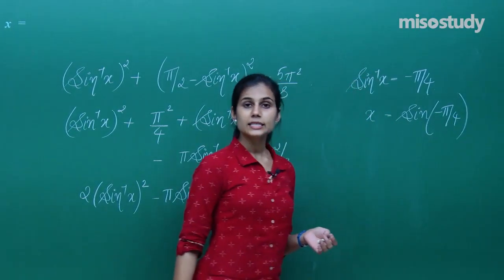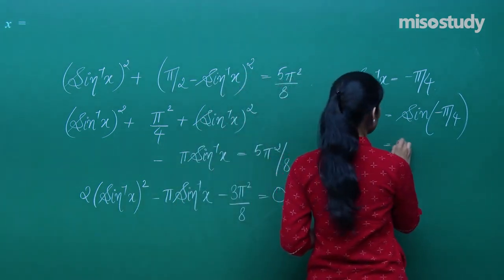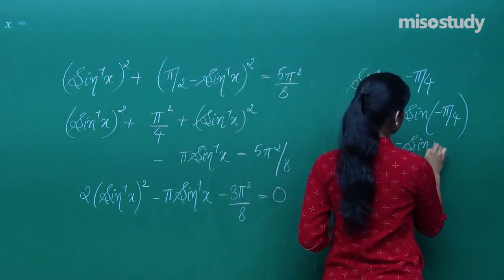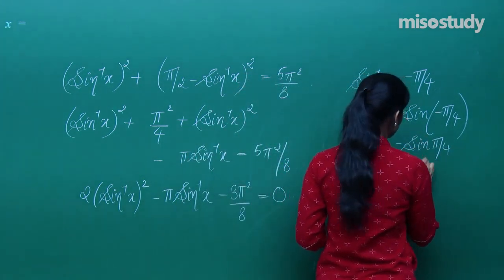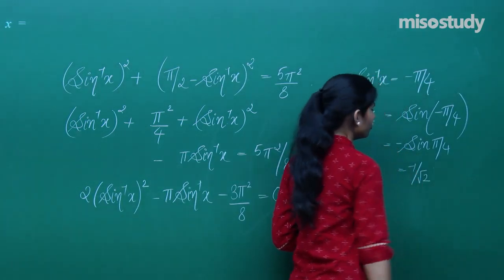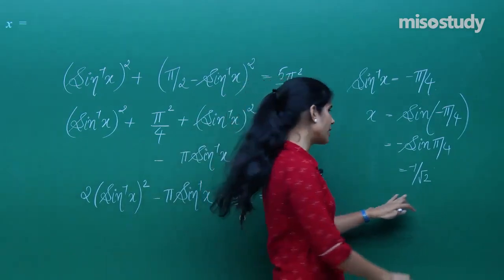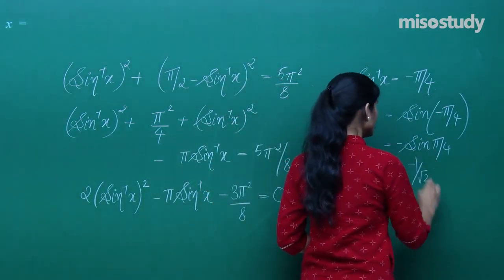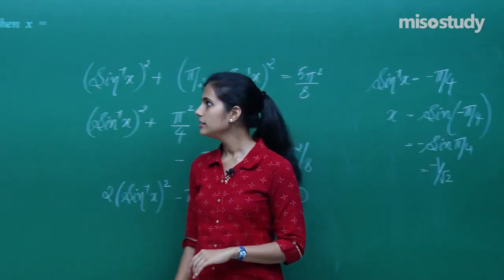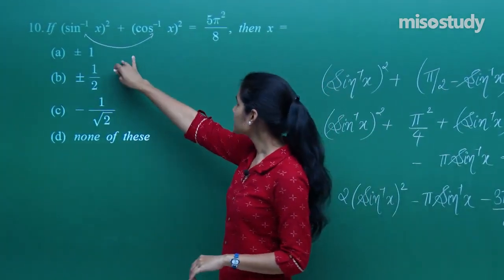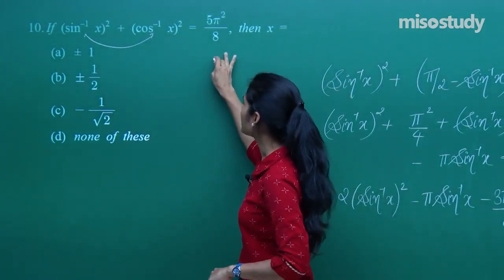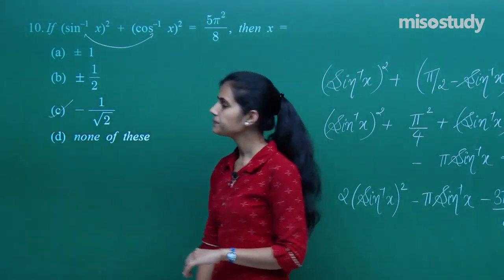Sine of minus theta is minus sine theta, so this comes out to be minus sine pi by 4, which is minus 1 by root 2. Therefore, your x is coming out to be minus 1 by root 2. Clear? It is for this x that this expression is equal to 5 pi square by 8.